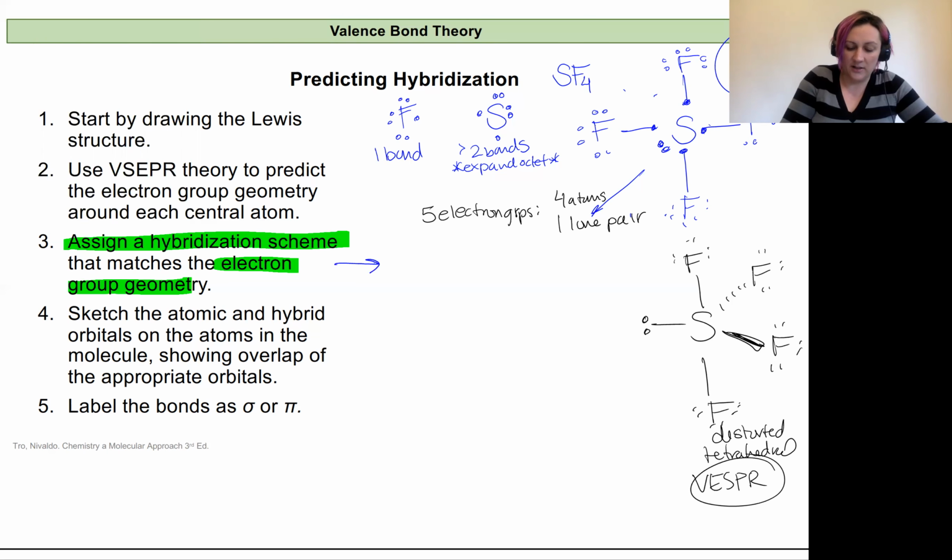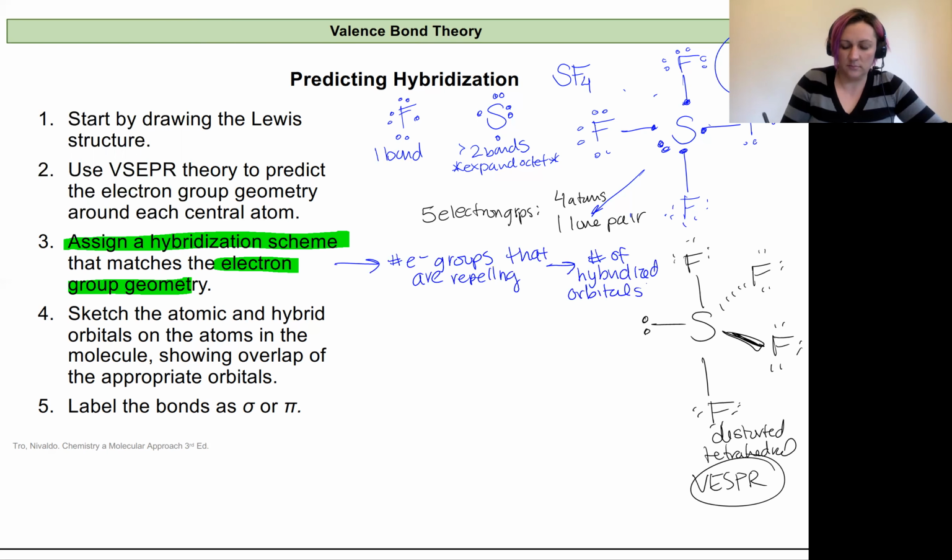What I'm doing here is taking the number of electron groups that are repelling each other, and that's going to tell me the number of hybridized orbitals I need. I'm not going to count double bonds in that. I'm just counting the things that are going to be repelling each other using VSEPR theory.